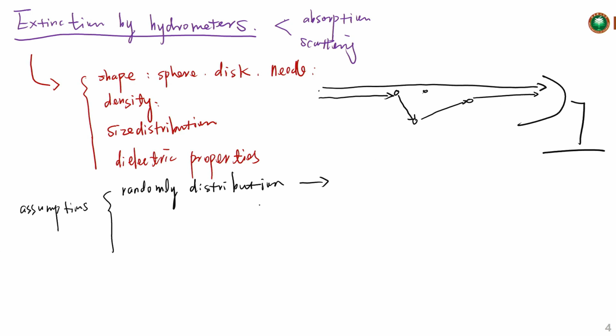So that means if they are randomly distributed, we can assume that the contributions by all the hydrometeors are incoherent. This is very important.